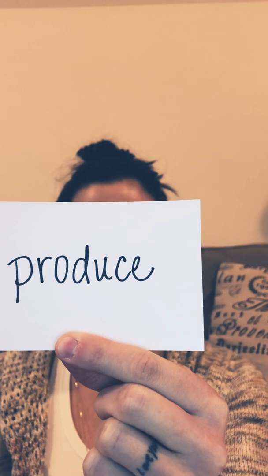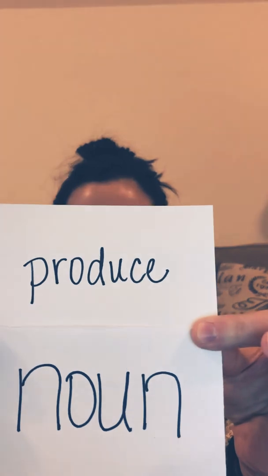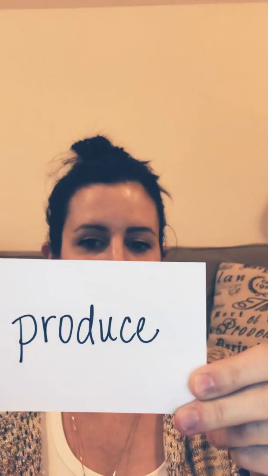The produce at Harris Teeter looks good. The produce at Harris Teeter. It's a thing, or a group, in this case, multiple things, so it's a noun. But what if I say, the company will produce all the paper for school? Produce.